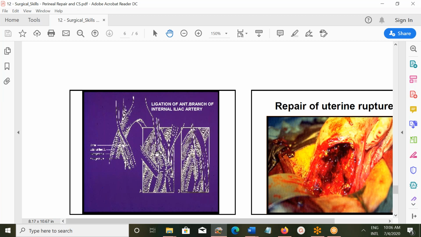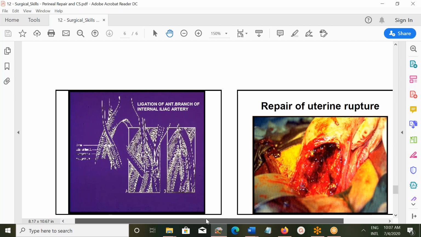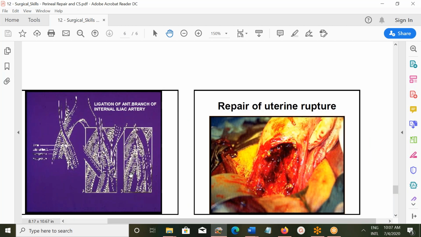If you ligate the posterior branch or the internal iliac artery trunk, you are going to cause ischemia in the posterior compartment of the leg or the back of the thigh, and your patient will have severe pain, and you will have to open it. Collateral blood supply is there, but that is not enough to help your patient. Okay, so you can see here that you are going to just ligate anterior branch of the internal iliac artery.